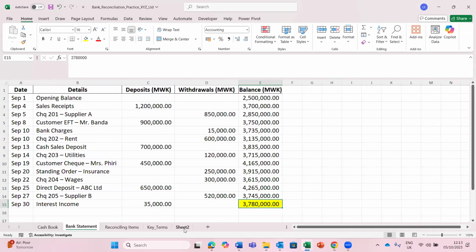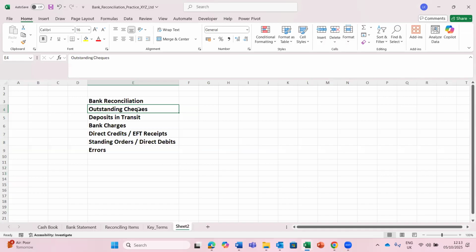So that's number one reason. That is outstanding check. These are checks issued by the company, but they have not yet been presented at the bank, or the payee has not withdrawn the money. So it will show as outstanding check. So that's one of the differences.